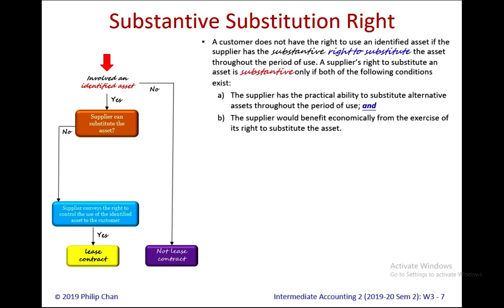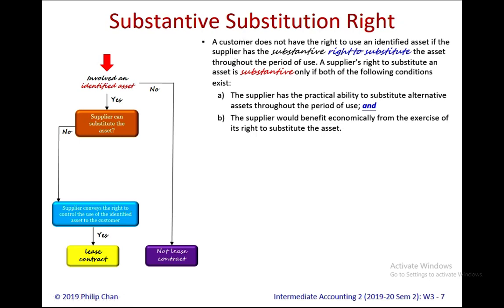So the customer does not have the right to use an asset if the supplier has a substantive right to substitute. The supplier has a substitution right, and that right is substantive only if both of the conditions exist. Now make sure you know the difference. The supplier could have a substitution right, but if the right is not substantive, then that's no problem.